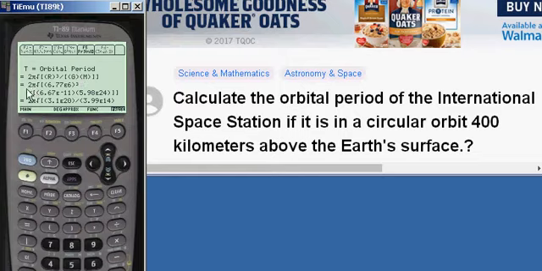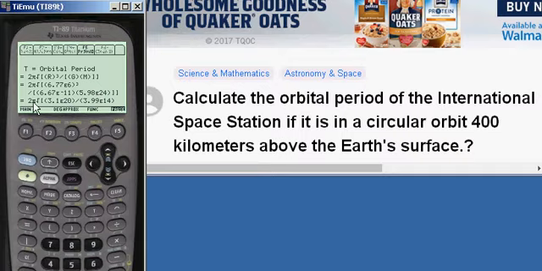And so then we put in the variables. 2 pi times the square root of, here's the radius that we computed, the adding of the 400 to the 6.37 e to the 6 meters, and then here's the gravitational constant and the mass of the Earth.